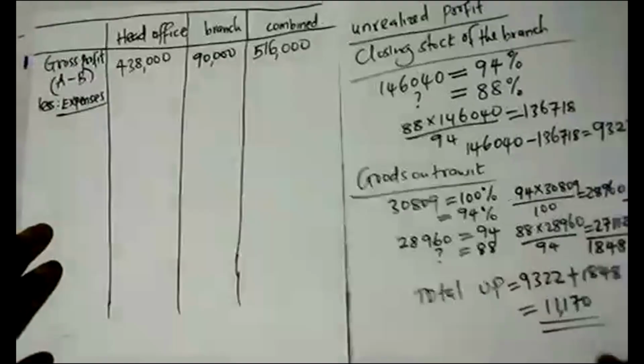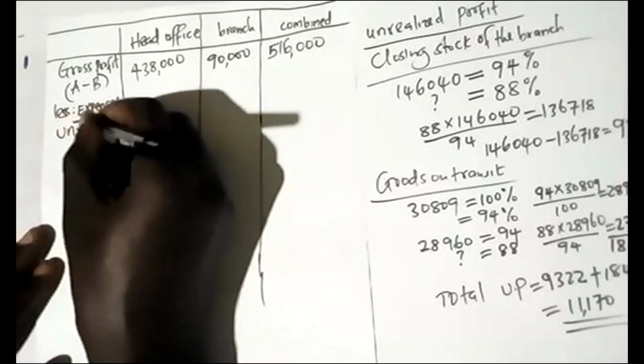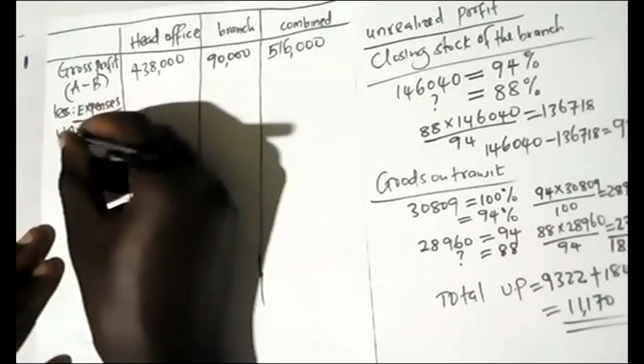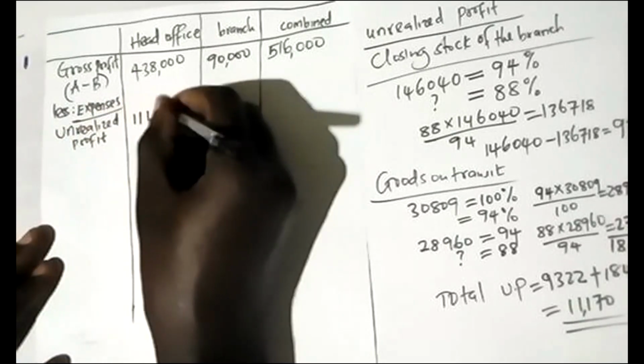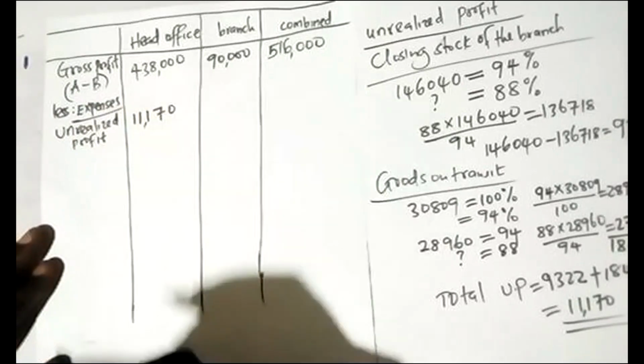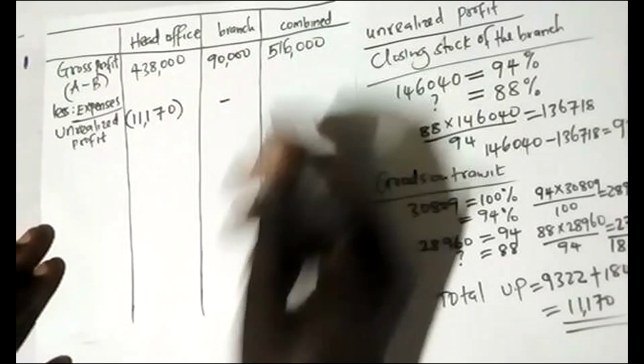So this is now the unrealized profit, the 11,170, and that one will only be subtracted under the head office.